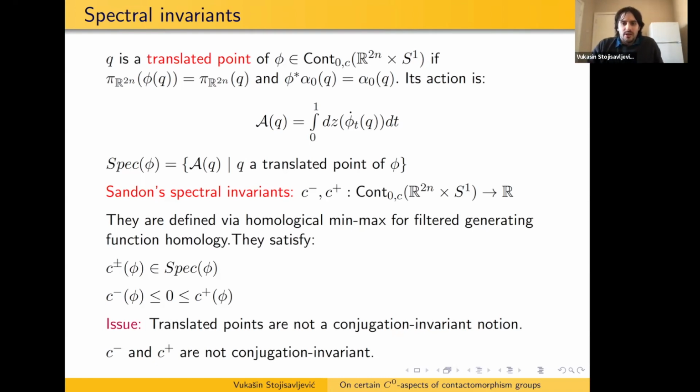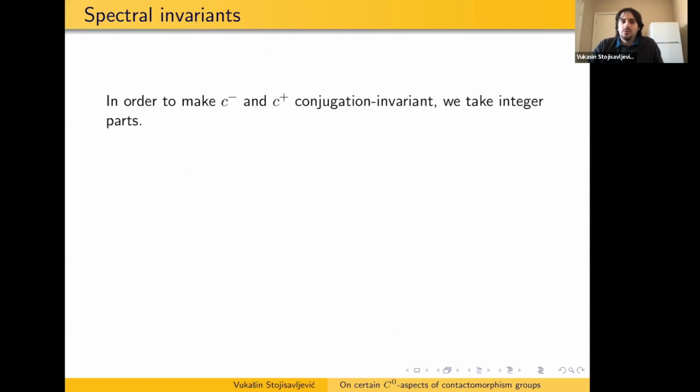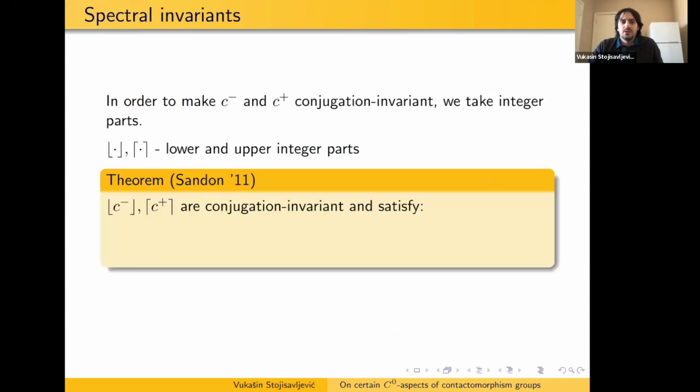Sandon did overcome this, and I think this is a nice insight. We take integer parts. These are the invariants we actually want to look at, lower and upper integer parts of C minus and C plus, and they are conjugation invariant. And integers, again, are the length of S1, the period of the Reeb flow, that's why integers show up all the time.